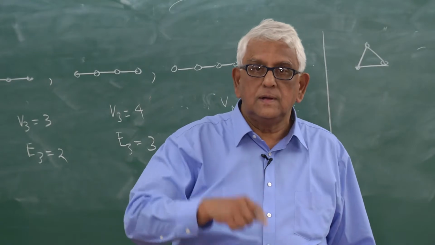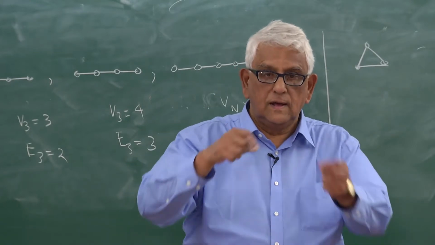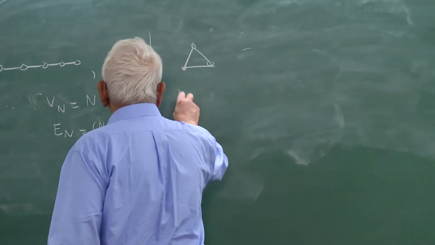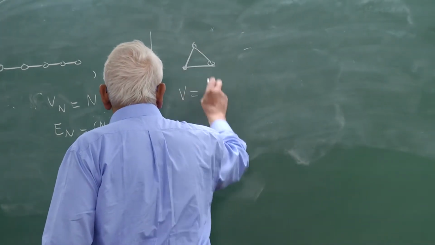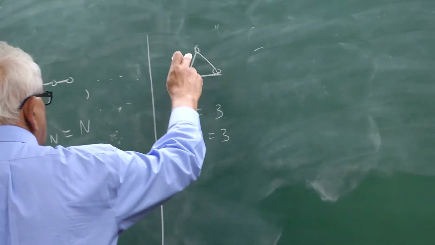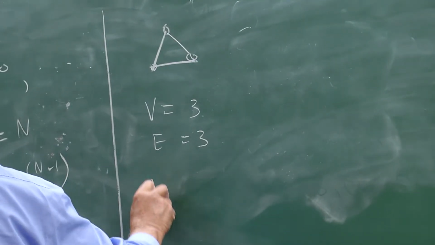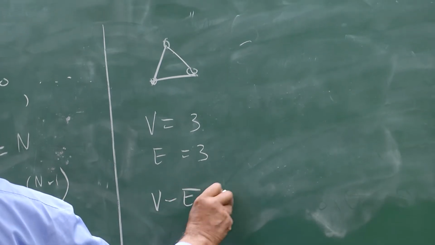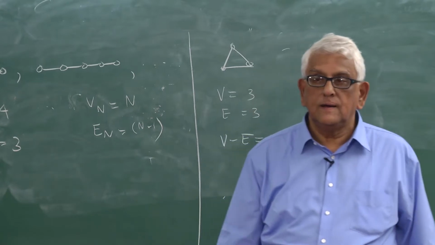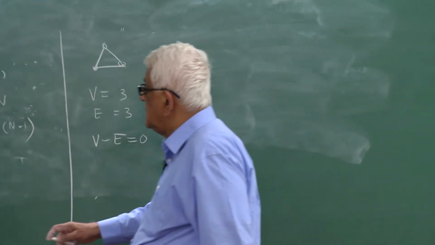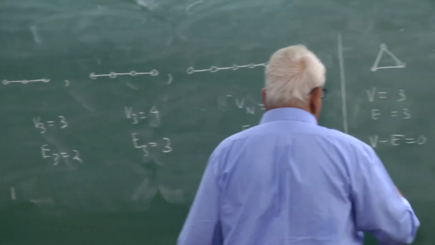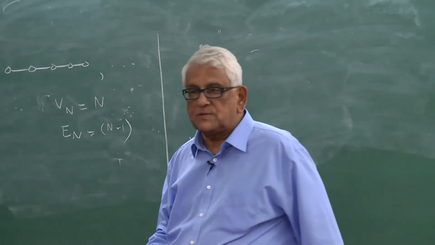What we have done now is we have introduced a loop. So, this time the V is 1, 2, 3, edge is 3, and so V minus E is now 0. Okay. Now, if I put in a loop in any of these, one can check that this happens.